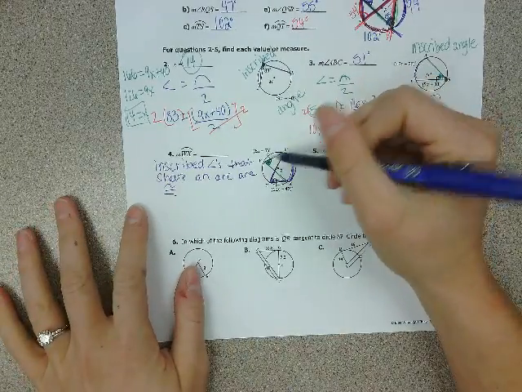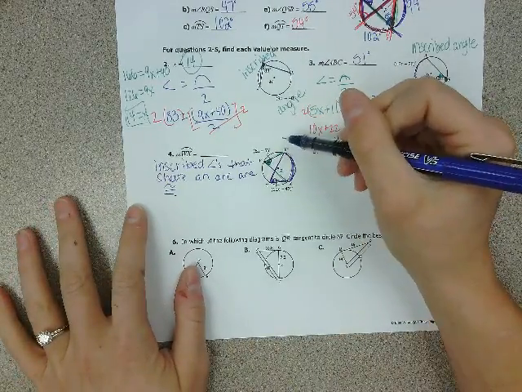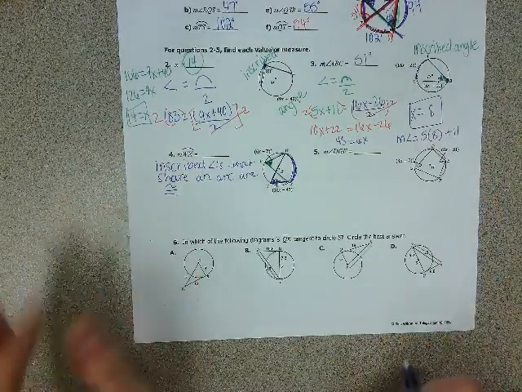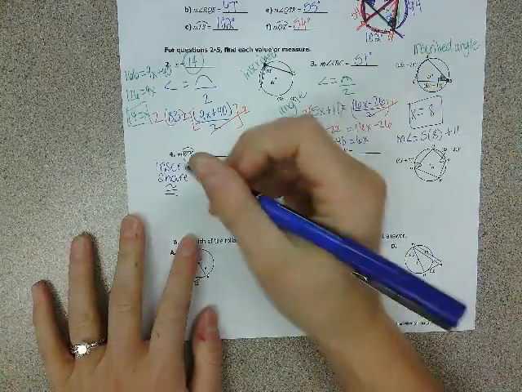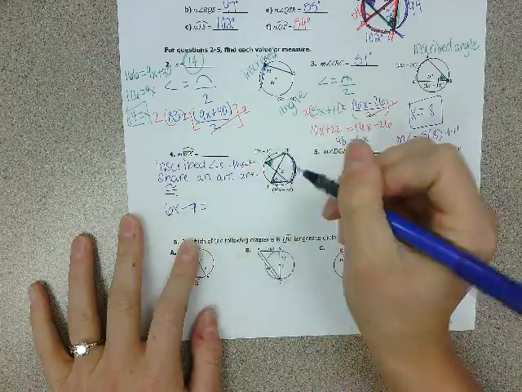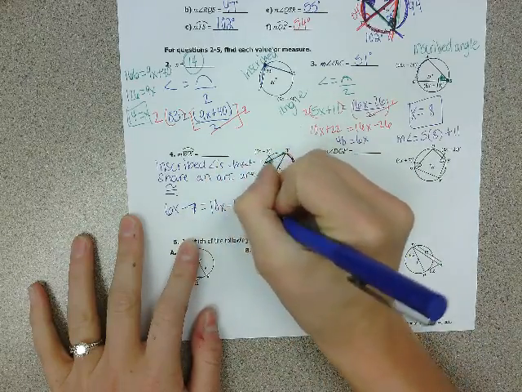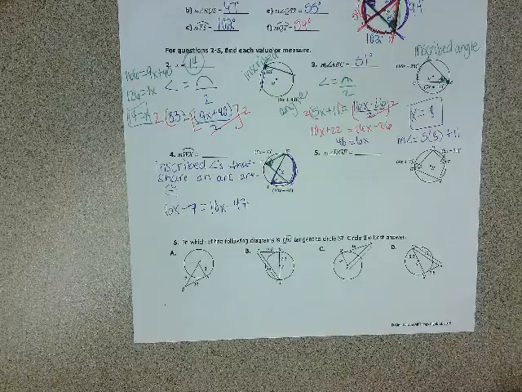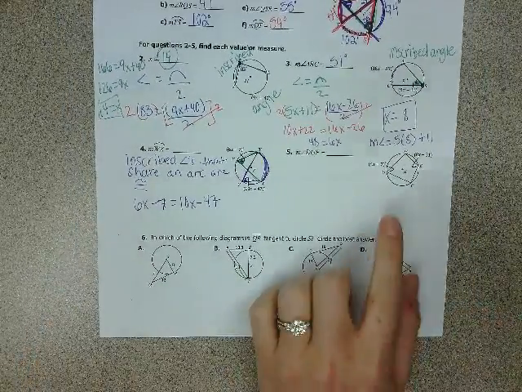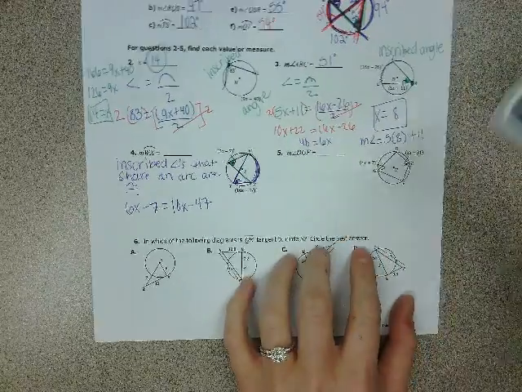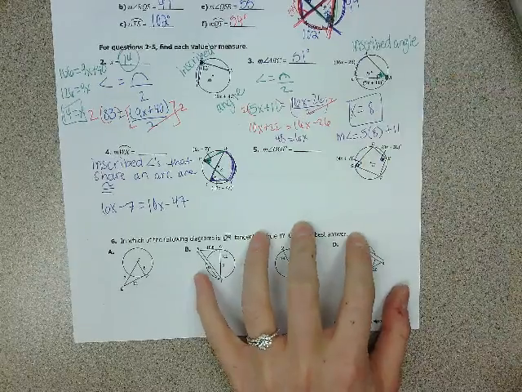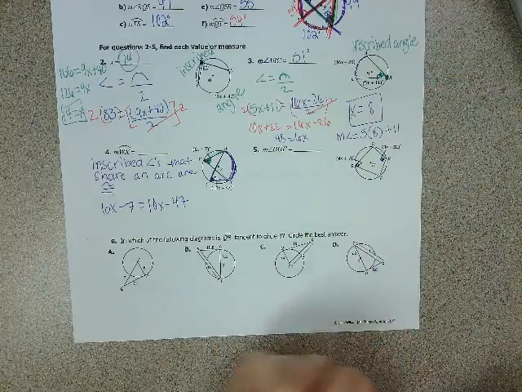Okay, so if these 2 are congruent, how can I set this up? Perfect, they're equal to each other. Okay? All right, if I create a quadrilateral, what do I know about the opposite angles? They're supplementary.